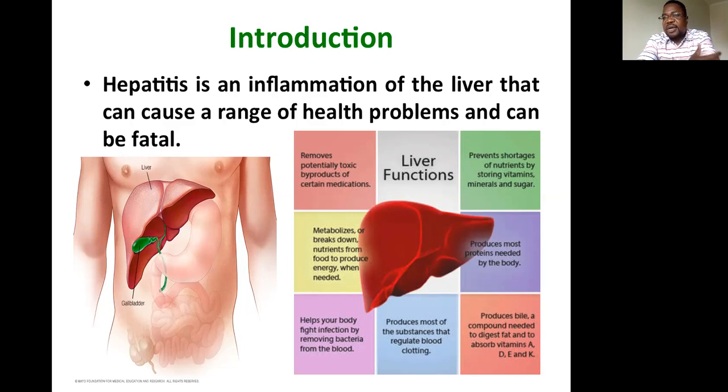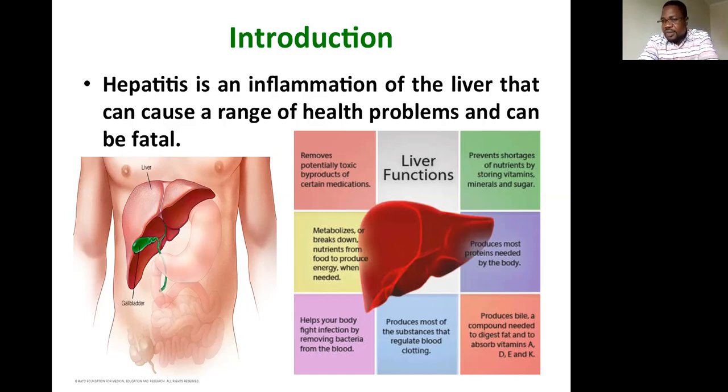Other functions of the liver include prevention of shortage of nutrients by storing a number of vitamins, minerals, and sugar. The liver also produces most of the proteins required by the body.